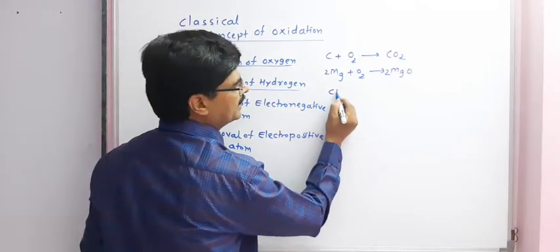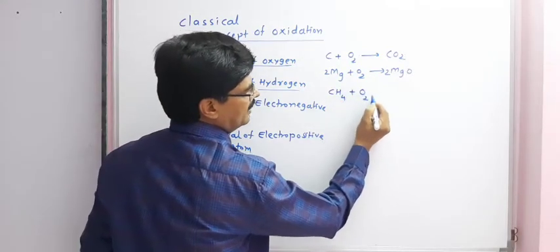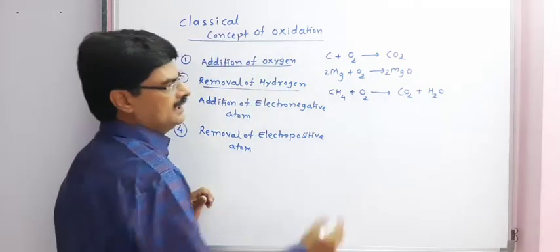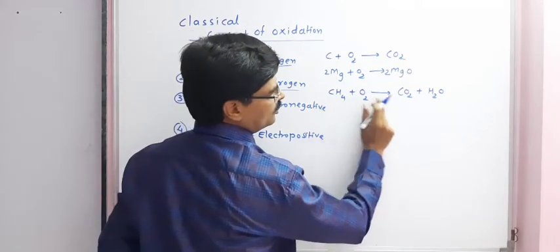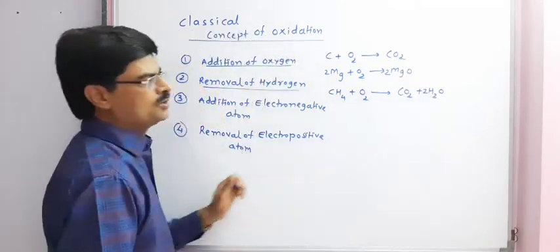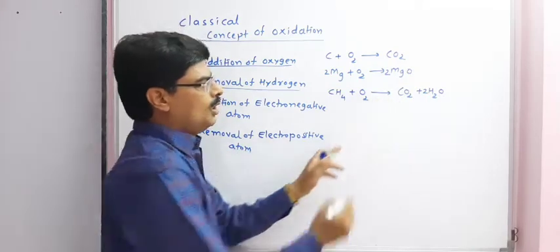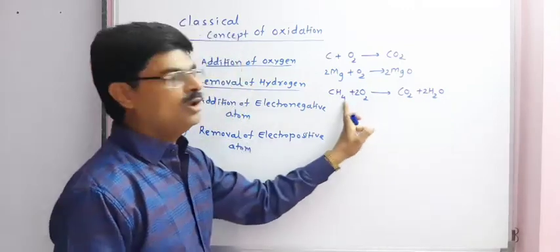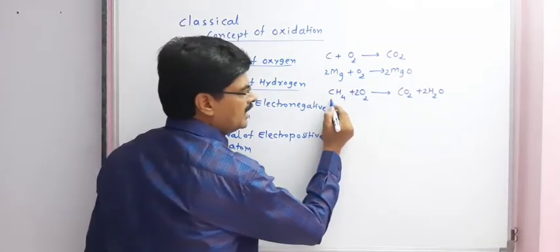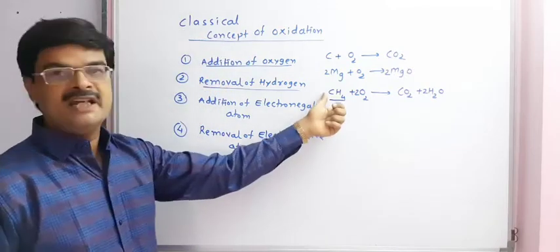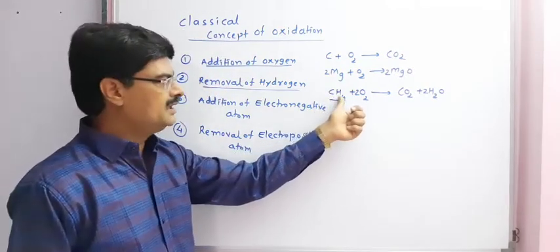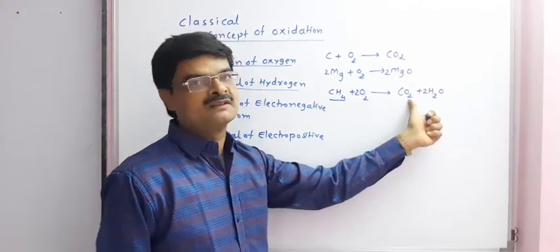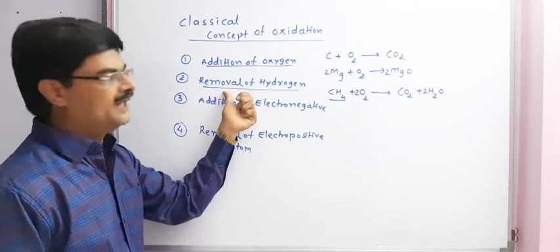Take the example of methane gas plus oxygen gives CO2 plus H2O. Let us balance: CH4 plus 2O2 gives CO2 plus 2H2O. Carbon is balanced, oxygen 2 twos are 4, here also it is balanced, hydrogen also balanced. On the reactant side, in CH4 methane, carbon is with hydrogen, but on the product side, carbon is with oxygen, which means removal of hydrogen.